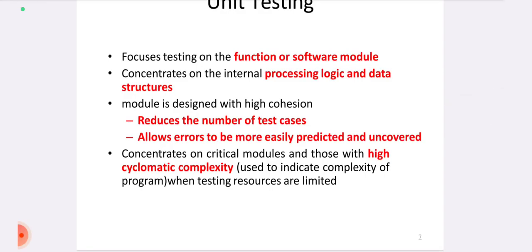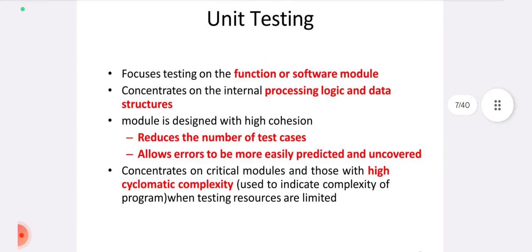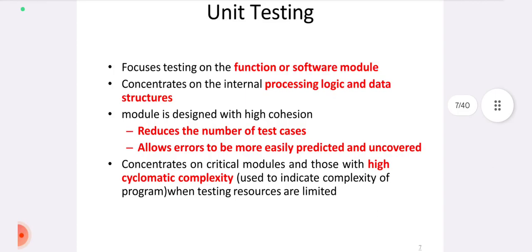So in unit testing for conventional software, we are in need of two things. One is cohesion and another one is coupling. Cohesion means independency between modules. When we encounter an error in one module and we correct that error, surely it will give some more errors.